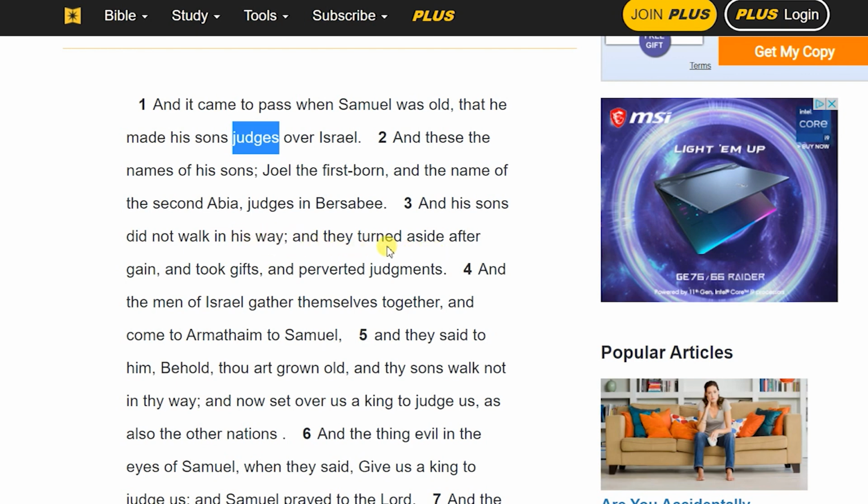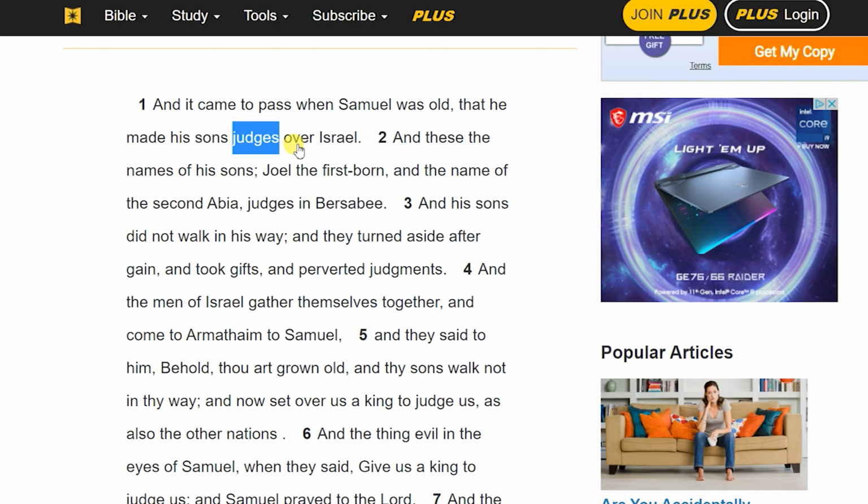And they turned aside after gain and took gifts, perverted judgments. Do you know why it's wrong? Because it says here that Samuel made his sons judges over Israel. So that means he made his sons to be representation of him. So Samuel being a high priest, if his sons were evil, he would not have given them that position.